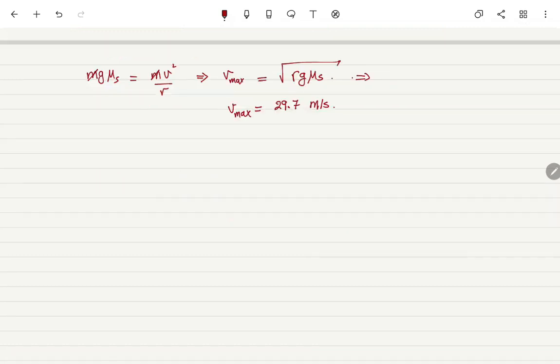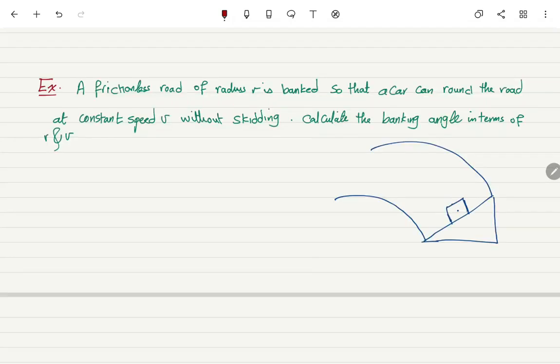A more interesting example is this one here. In this example, there's a frictionless rod of radius r that is banked. Rather than going in a circular horizontal path, the rod is tilted a little bit with some angle theta, like in the race tracks.